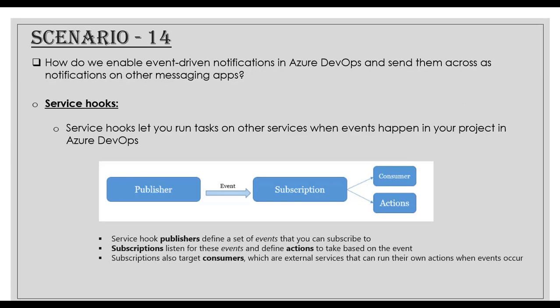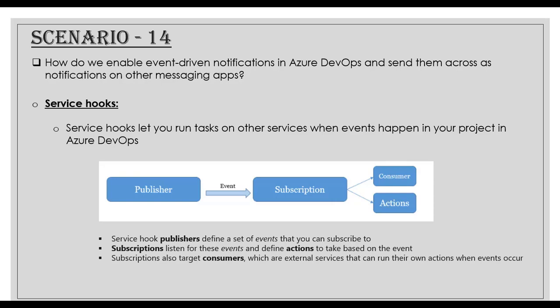Service hooks work on a publisher and subscription method. So the publisher will define a set of events, the subscriber will subscribe to those events, and when the event occurs, the notification will be sent to that particular channel. Like in my case I'm talking about Slack, but from Slack, after receiving that message, if you want to trigger some more actions, even that is possible.